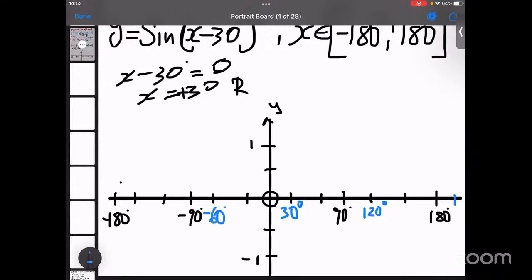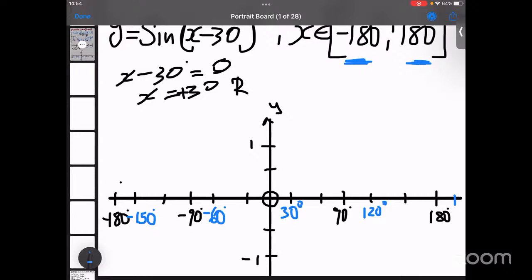That is why you end up having that, and then continue to space it by 90, but in that direction, and then you end up getting negative 150. You don't end there. If you continue again, it takes you to negative 240, but you can't go there because the restriction says start from there and end there.